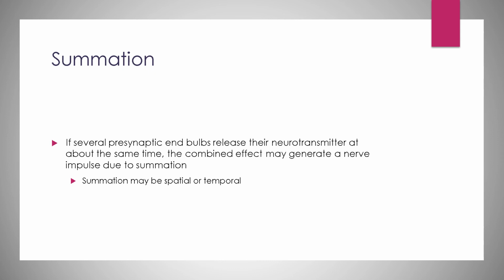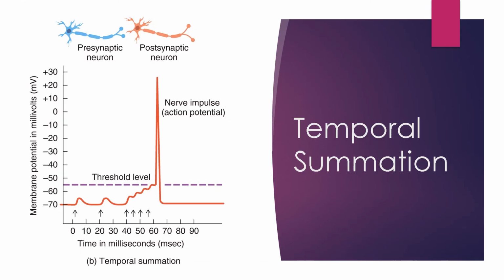Now, summation can be spatial or it could be temporal. First off, we'll talk about temporal summation. Temporal summation is the summation of postsynaptic potentials in response to stimuli that occur at the same location in the membrane of the postsynaptic cell, but at different times.